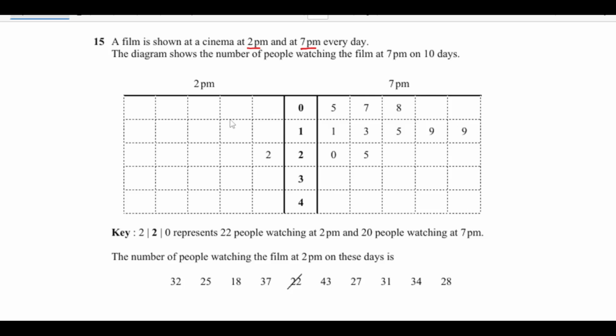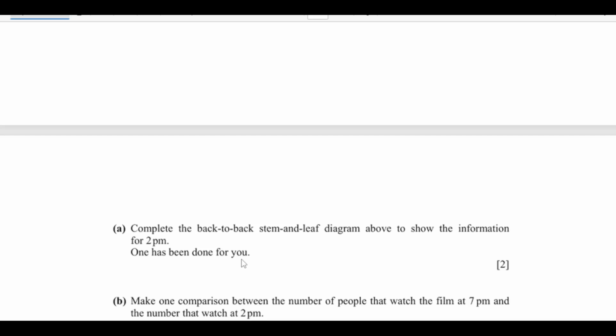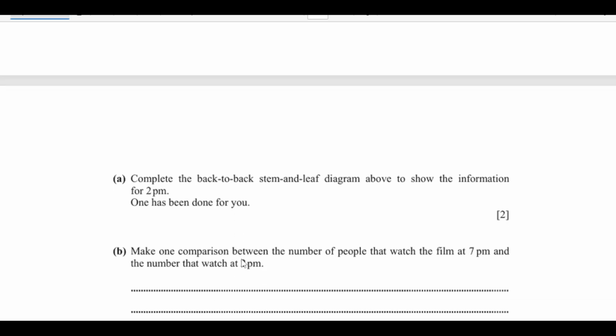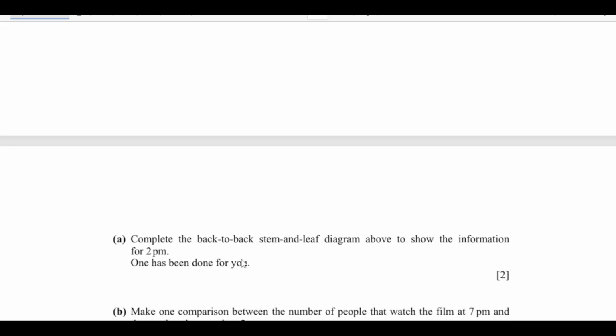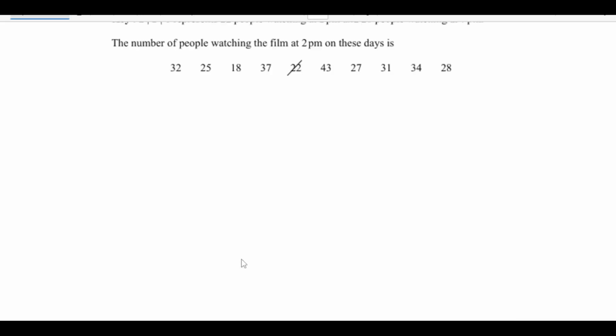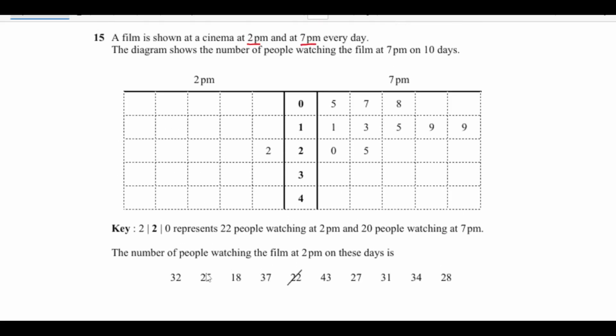This is the key given to us. Complete the back-to-back stem and leaf diagram. The information above shows one has been done for you. So here we have 32, and 32 is going to come here.